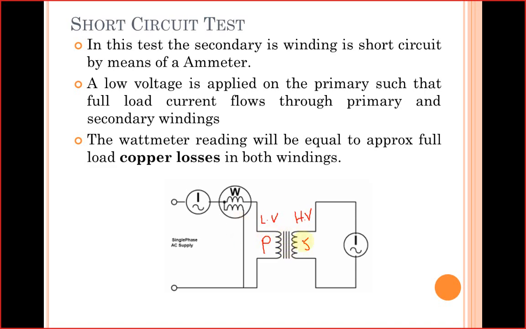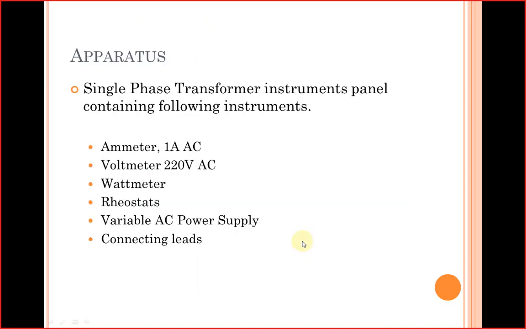So remember this. The apparatus is simple. We just need a single phase transformer, an instrument panel containing the ammeter, voltmeter, wattmeter, rheostats, variable AC power supply and connecting leads.